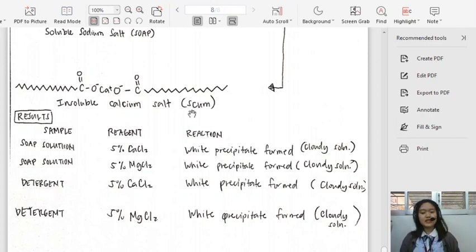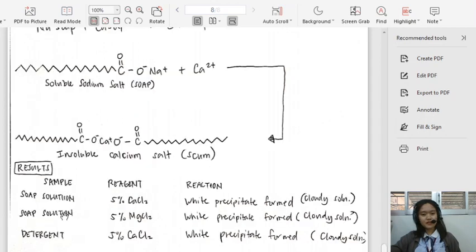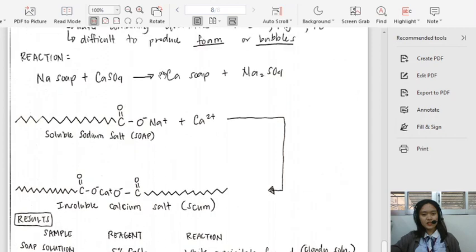Okay? So, pwede sa exam, I will make you write the reaction between the soap with KOH, no? KOH salt or potassium salt or soap, and then mixed with magnesium chloride. So, anong magiging product? So, parang ganito rin siya, class. No? Yung gagawin ninyo.